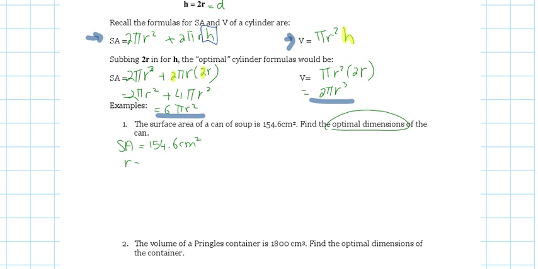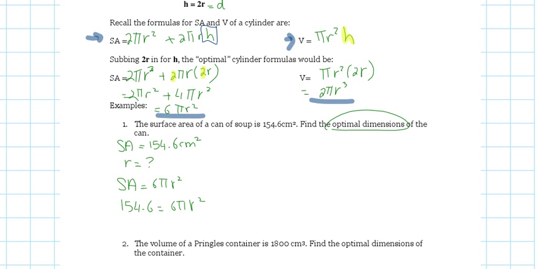I start with the surface area formula, which is 6 pi r squared. We just found that. Then I know what the surface area is, so I'm going to plug it in. Now I need to solve for the radius. Divide by 6 pi, because 6 pi is a number.